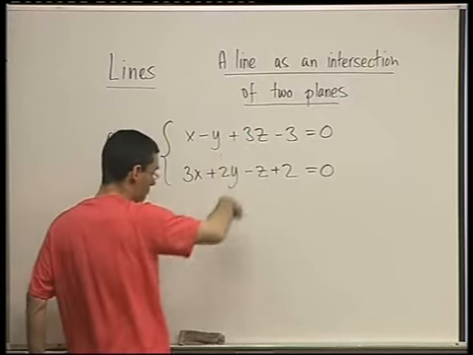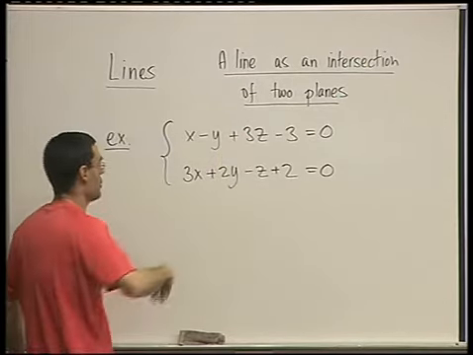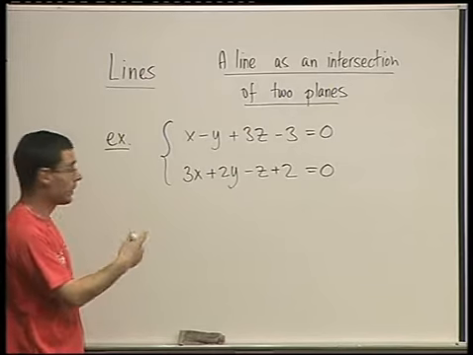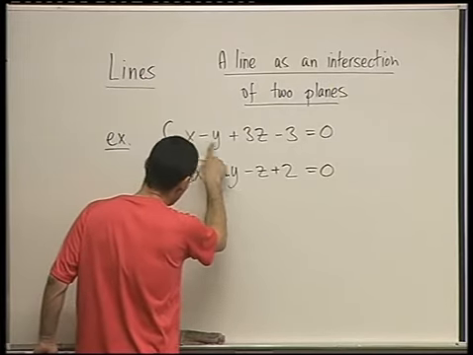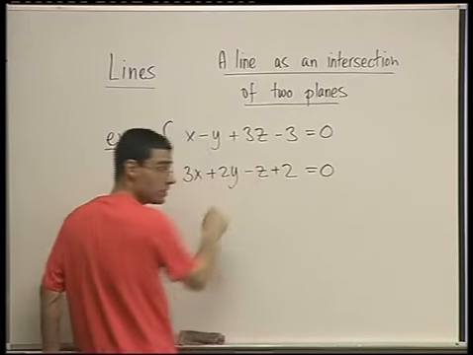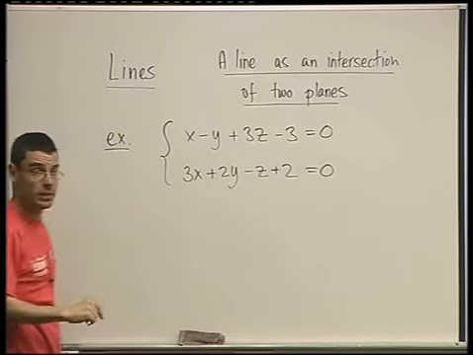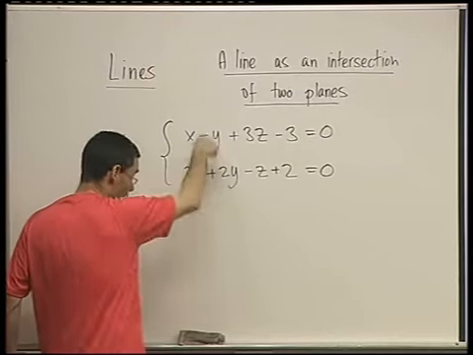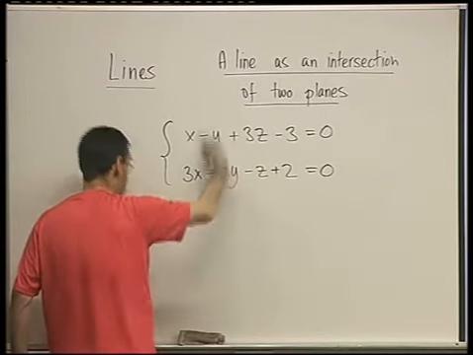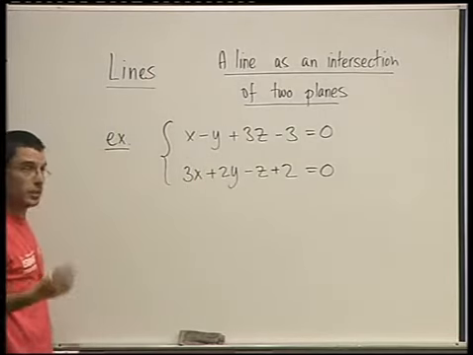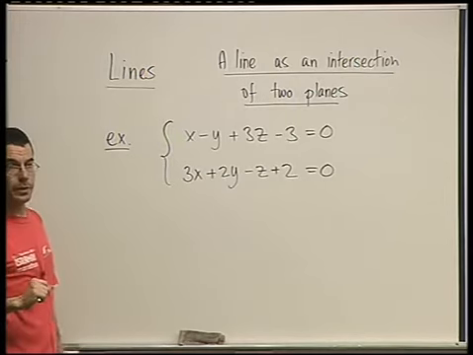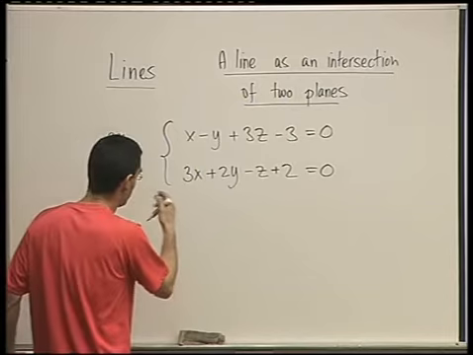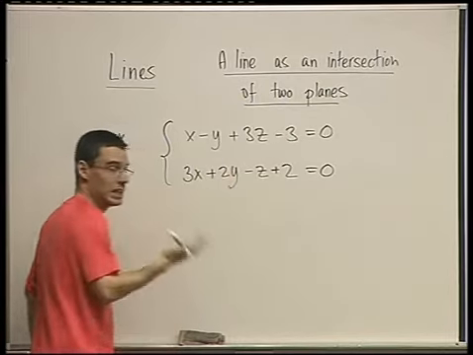Each of these two equations is the algebraic way of expressing a plane in three-dimensional space. Do you agree? Here, a is 1, b is -1, c is 3, and d is -3. Do you see equations of planes? Right? And the intersection of these two planes, the solutions to this system of equations, is a line. This is a line. Do you agree? Everybody? Okay.